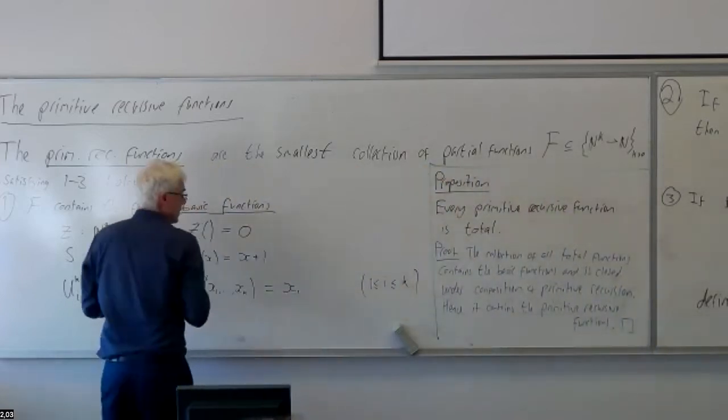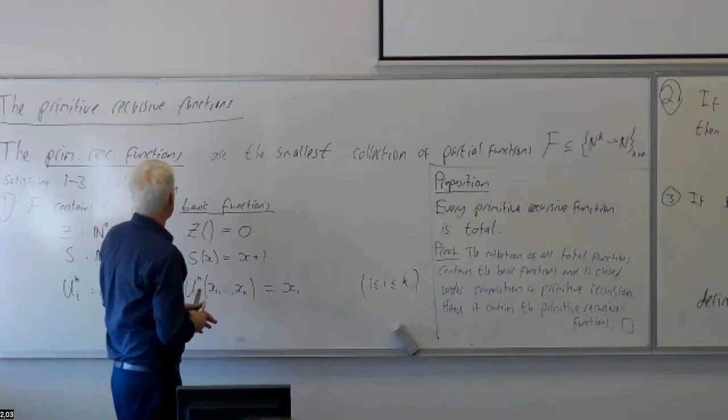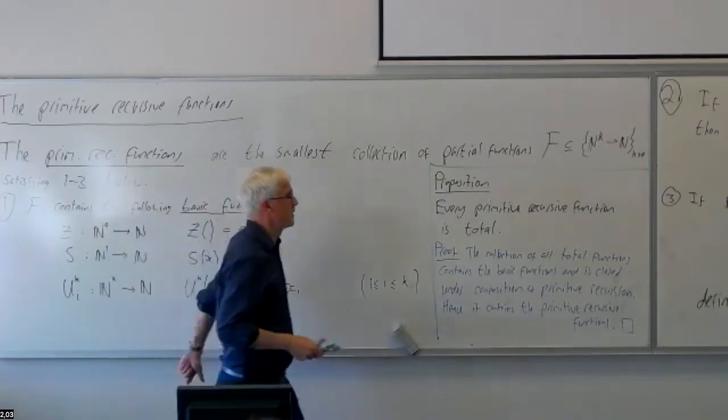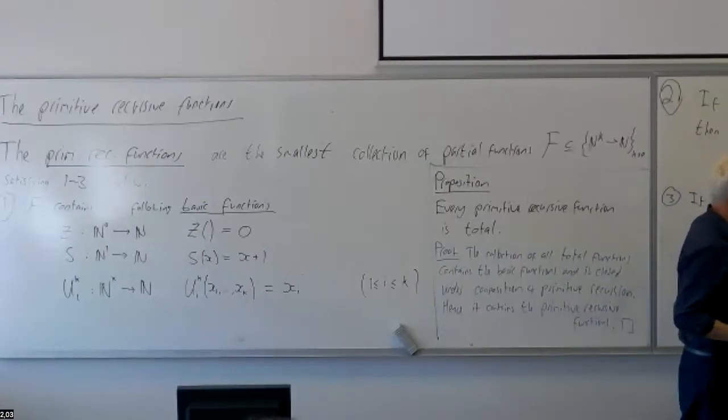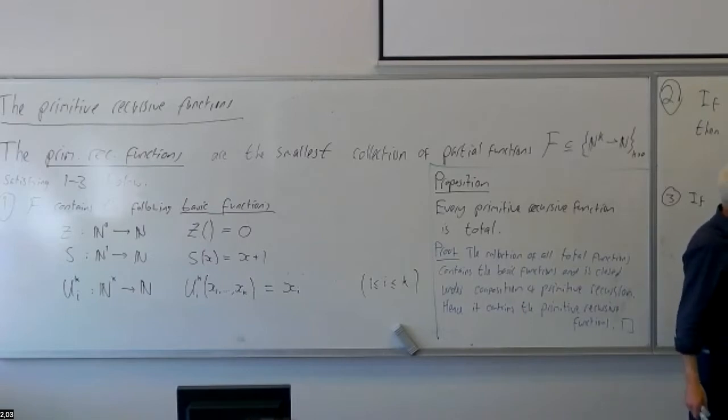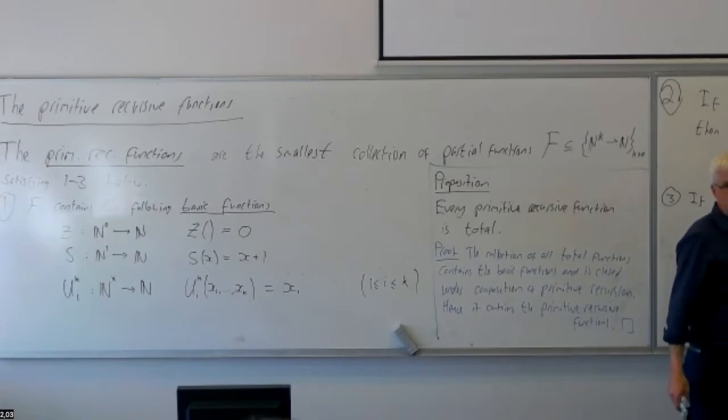Okay, so given this, why did I bother to make the fuss about talking about partial functions and using Kleene equality to state the equalities? Because once you're using partial functions, your expressions might be undefined. At the moment we've only got the primitive recursive functions.